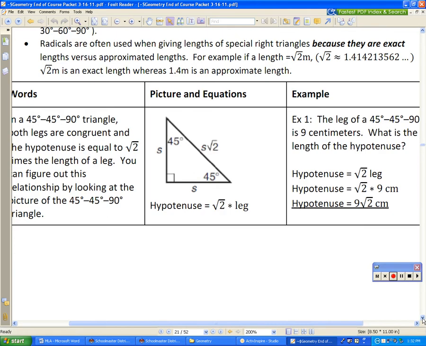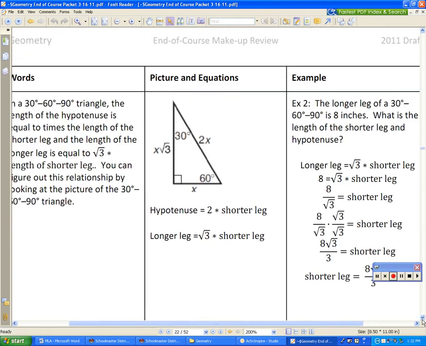Then there's also another special triangle, and that is the old 30, 60, 90. In the 30, 60, 90 triangle, the short leg, which is across from the smallest side, is x. The hypotenuse is twice the short leg, and the long leg is the short leg times the square root of 3.